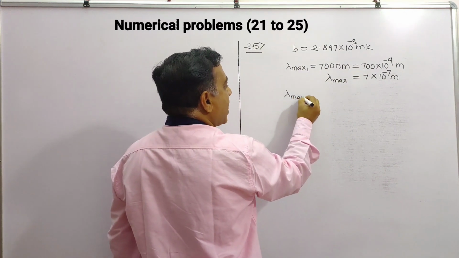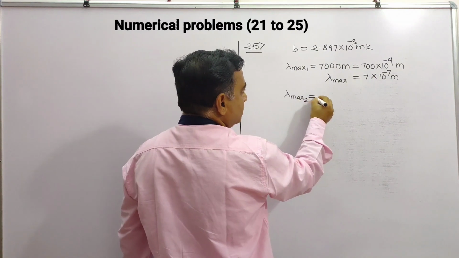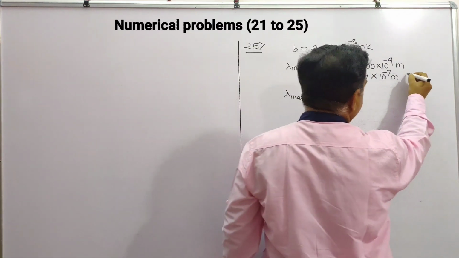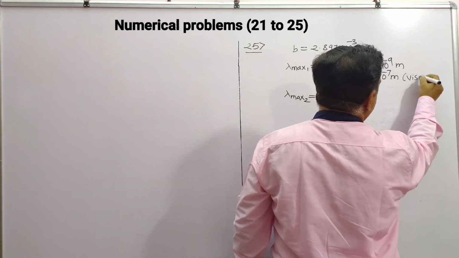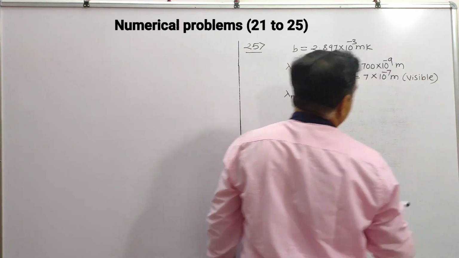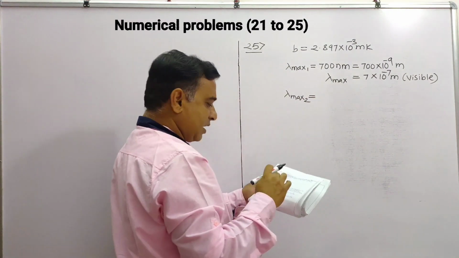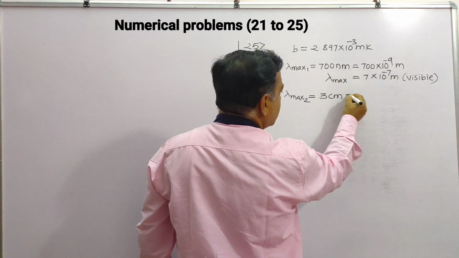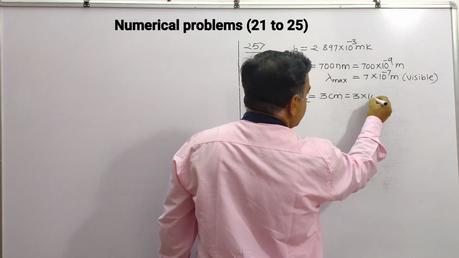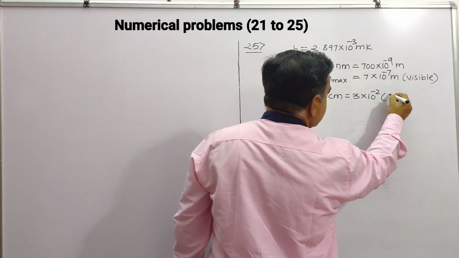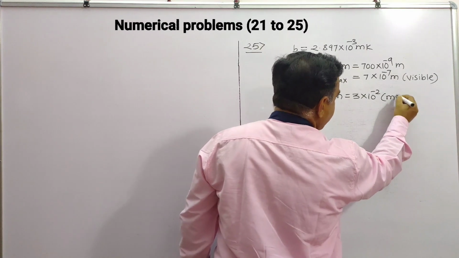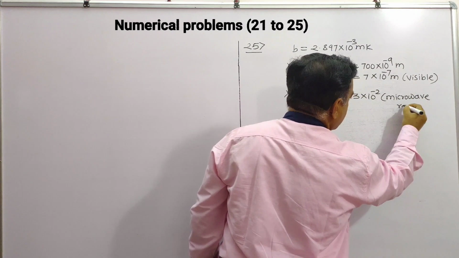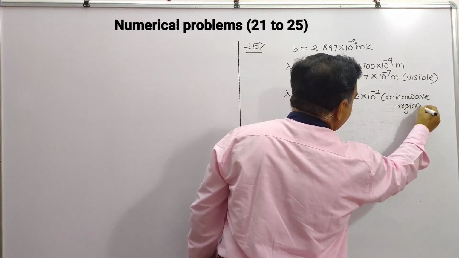What about the lambda max 2? Which is that region? It is a microwave region, that is 3 centimeter. 3 centimeter means 3 into 10 raised to power minus 2 meter, the microwave region of wavelength.